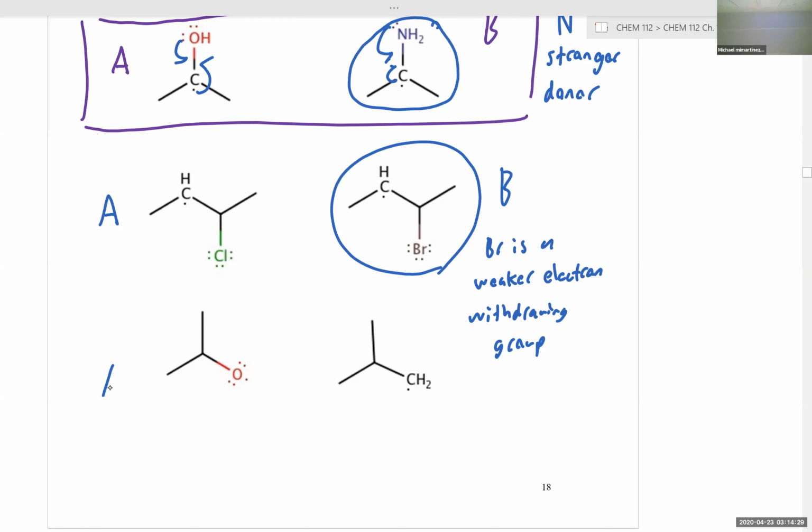Let's compare the next species, A and B, an alkoxy radical versus an alkyl radical. Which species is lower in energy? Which radical is lower in energy?